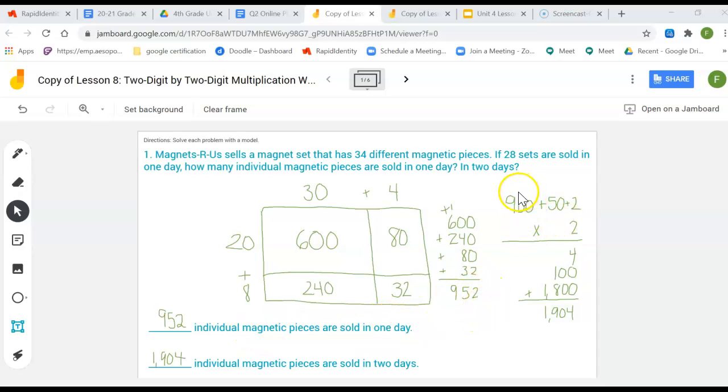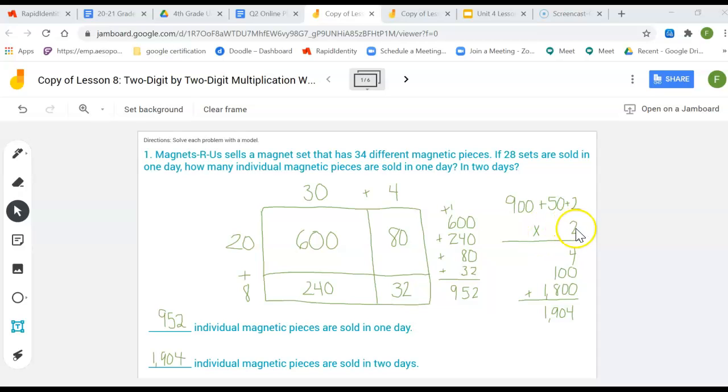But in order to find 2 days, you need to take it another step. So over here, I've done the second part of it. I've taken the 952 and decomposed it because I know I need to multiply times 2 in order to get 2 days' worth. 952 decomposed: 900 plus 50 plus 2 ones.